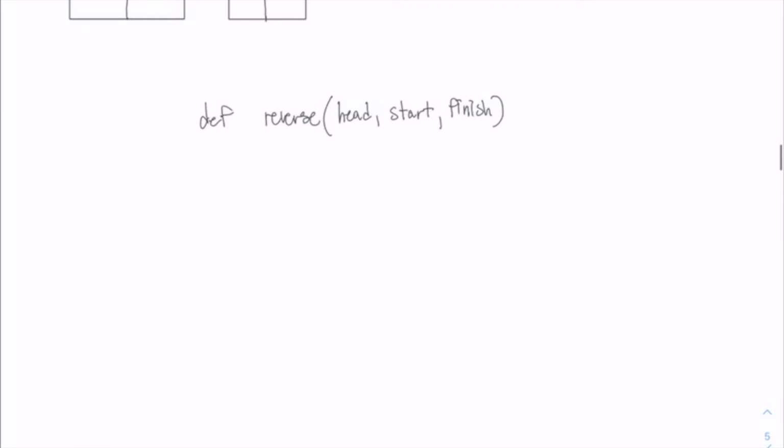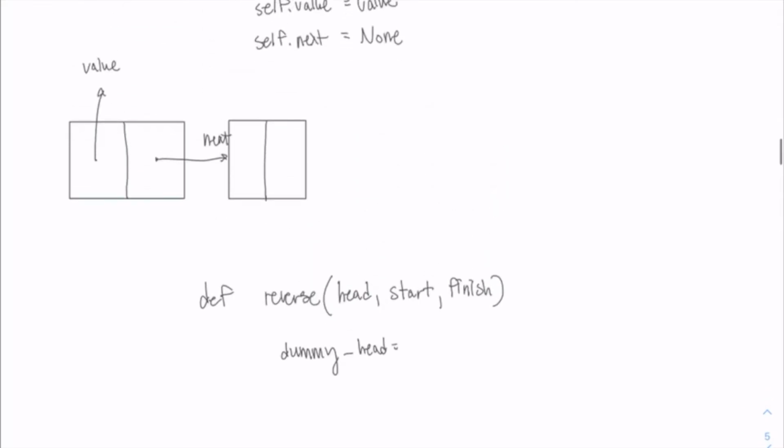So now that we've created the function definition header, we can now start by defining the dummy head. And the dummy head, and I've discussed this in the previous video where I talk about the interview problem regarding merging two linked lists, is basically a variable that we use so that we can completely remove having a separate conditional statement for the head node and the body nodes.